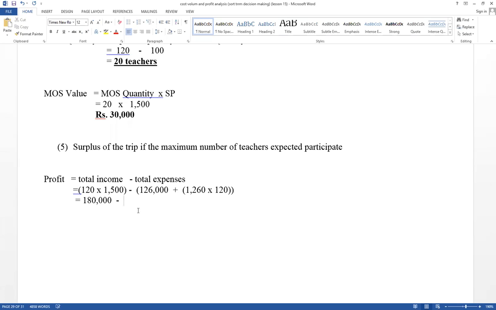Take here the total value, 1260 into 120, take the value plus. Therefore, total expense here is 126,000, that is the fixed cost, plus variable cost, equals 151,200. Therefore, this one minus these two total values. Think about profit and loss: total income minus total expense.